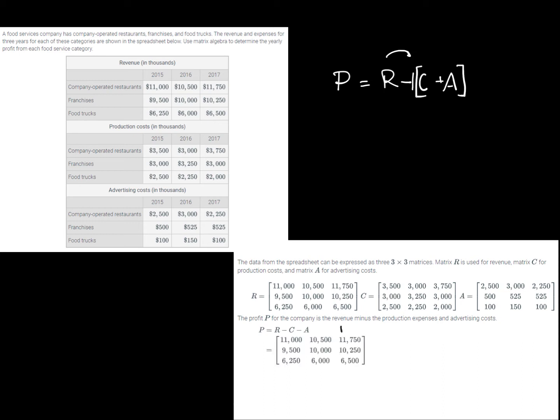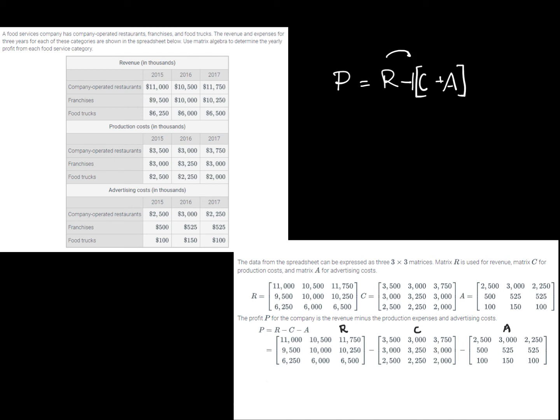Okay, so this is matrix R, and from that I'm going to subtract matrix C. That's matrix C there. And I'm also going to subtract matrix A. And you'll see that when I do this arithmetic, I'm going to get entry by entry 11,000 minus 3,500 minus 2,500, which turns out to be 5,000.